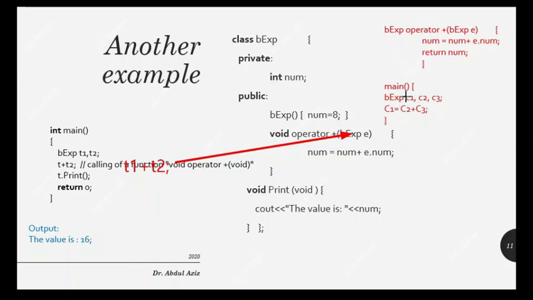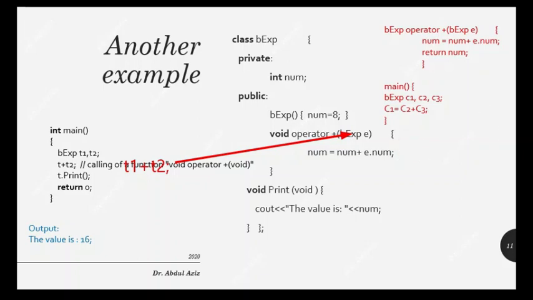Just look at the main: I have created c1, c2 and c3, and then I have simply written c1 is equal to c2 plus c3, which means that the data of c2 will be added with the data of c3, and it will return me an object. Which means there's a little error in this particular code. So are you able to identify and correct this code? I hope yes, you will.